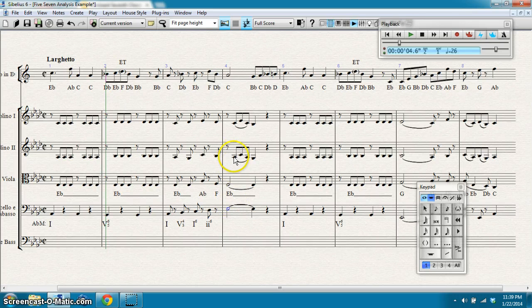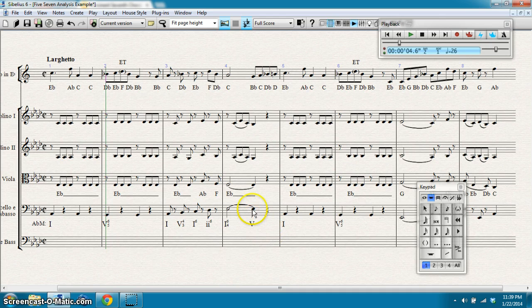But notice we have A flat, C, and E flat eighth notes for our half note length here. So this is actually a cadential 6-4 chord, which then moves to a root position 5 on the downbeat.